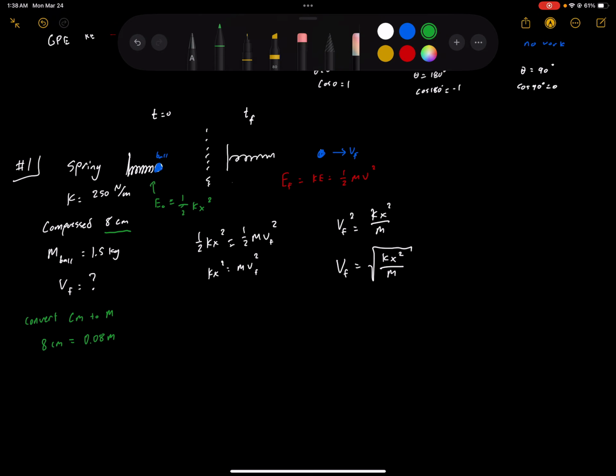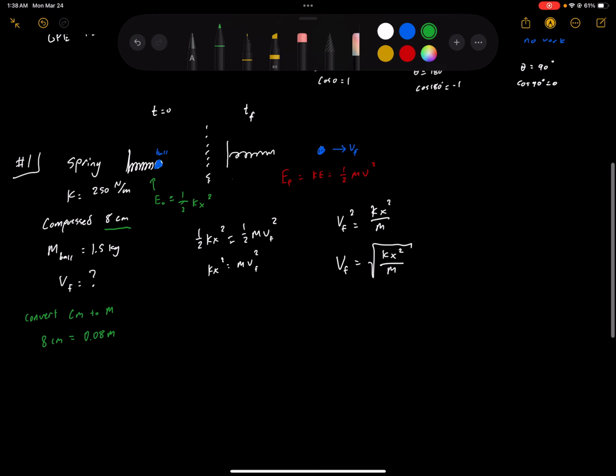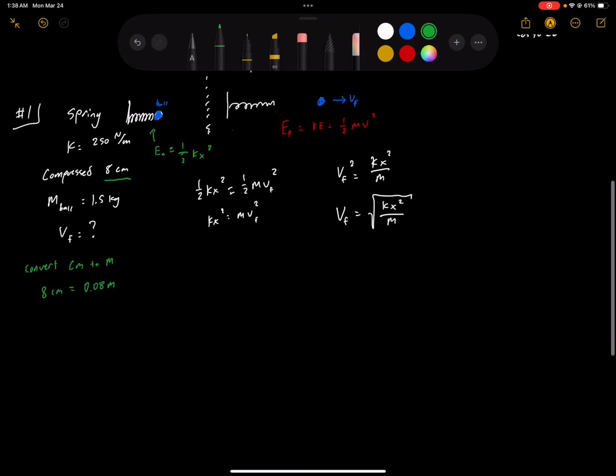If they give you centimeters when you're dealing with a spring in terms of how much it compresses or stretches, make sure you convert that into meters if the spring constant is in newtons per meter, which it always is. But so let's now plug in our values. So here I have the square root of k, that's 250 newtons per meter.